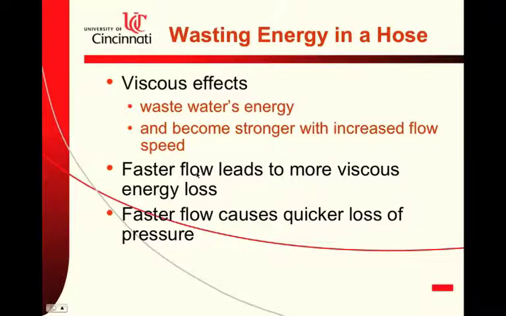And because of this loss of energy, and remember, water is incompressible, so you can't have part of the water running slower than the other part of the water, because otherwise the density would change. Since water is incompressible, the only way that it can change its internal energy is to lower the pressure. So the faster the flow rate through this hose, the more the energy loss, and so the pressure essentially drops as you go through the hose, so that by the time you get to the end of the hose, there's almost no pressure.